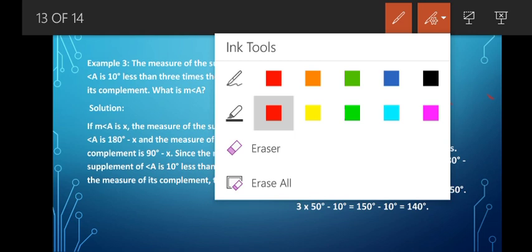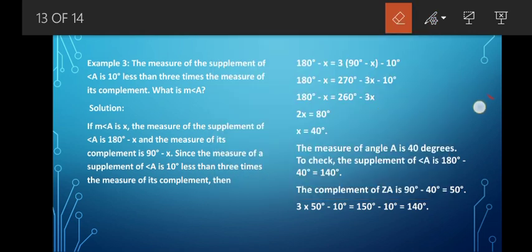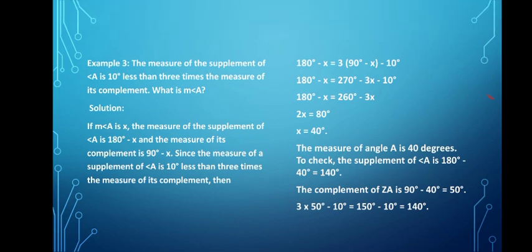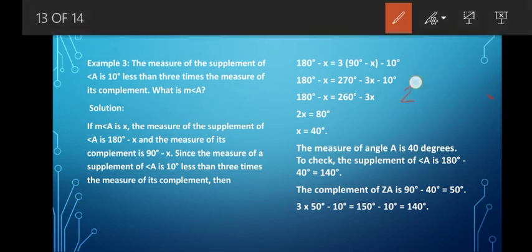Wait lang. 2X divided by 2 equals 80 degrees divided by 2. Para matanggal yung 2 dito sa 2X, kailangan nating i-divide ang both sides by 2. So, simply cancel the 2. Ang natira lang is X, and 80 degrees divided by 2 is equal to 40 degrees.